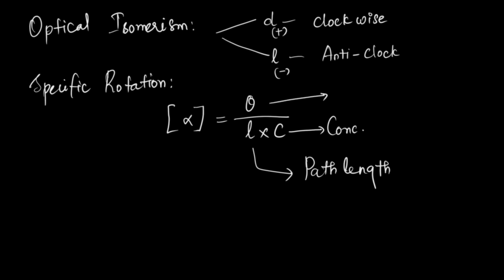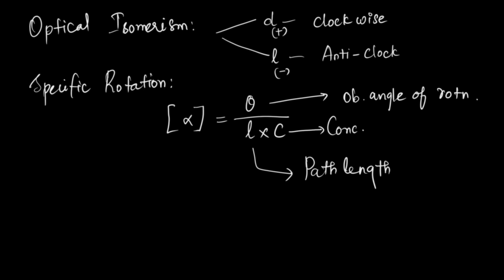Theta is the observed angle of rotation. Sometimes they will give you the values of path length, concentration and the rotation angle, and ask you to find the specific rotation. So please be prepared for that. This kind of question can be asked.